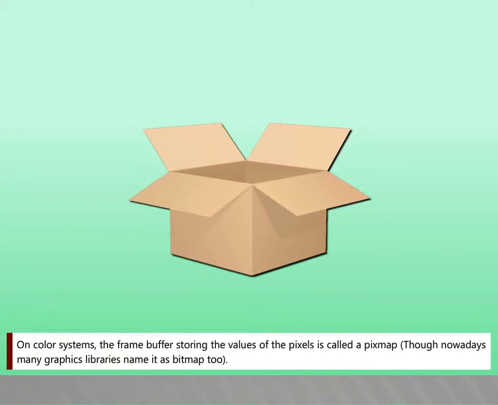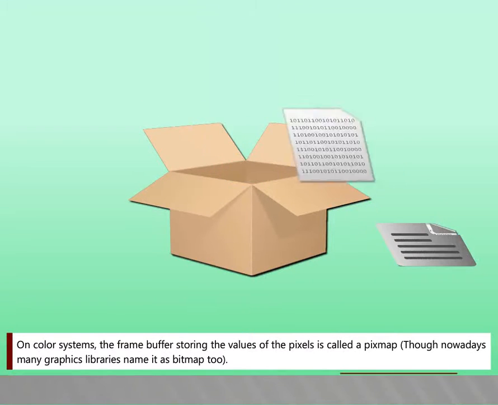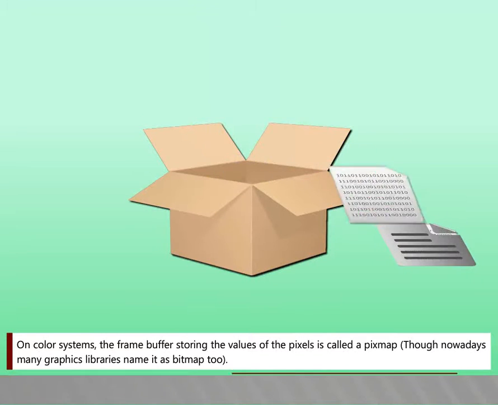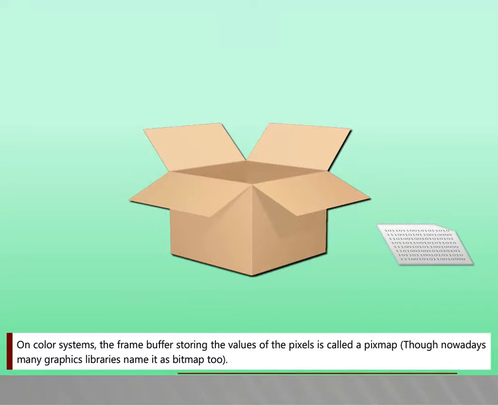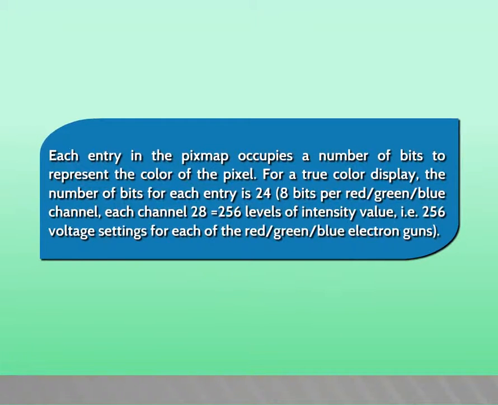On color systems, the frame buffer storing the values of the pixels is called a pixmap, though nowadays many graphics libraries name it as bitmap too. Each entry in the pixmap occupies a number of bits to represent the color of the pixel.